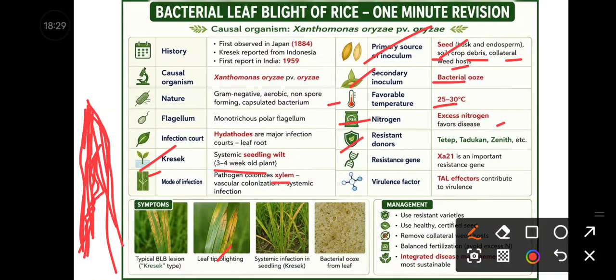Then about the resistant gene: see this XA21, a very, very important gene that shows resistance against bacterial leaf blight of rice. Important donors for the resistant gene are Tetep, Teducan, Java. Then virulence factor.